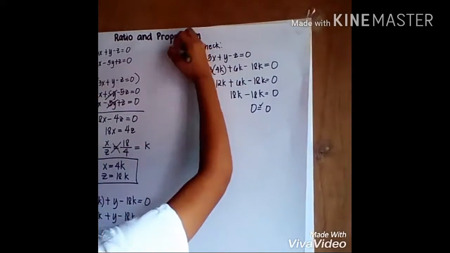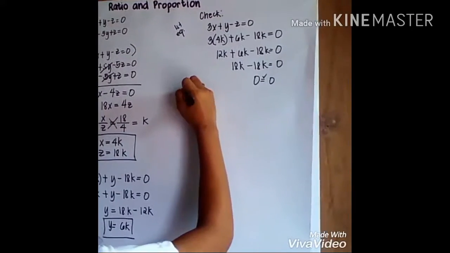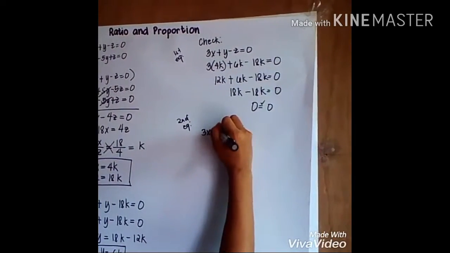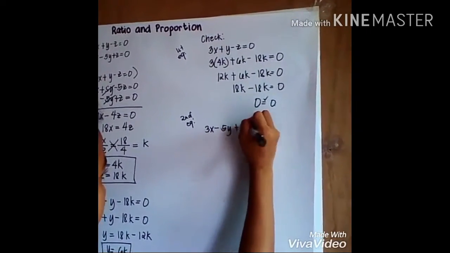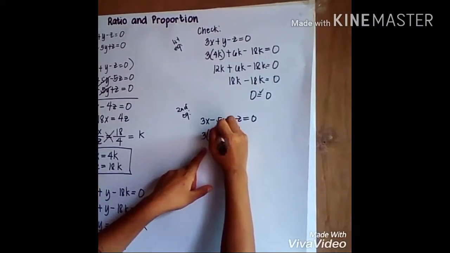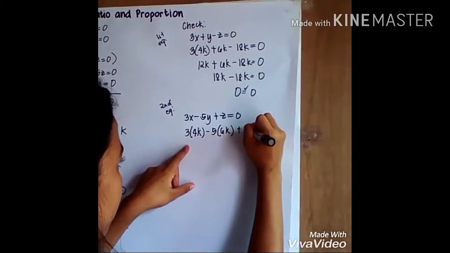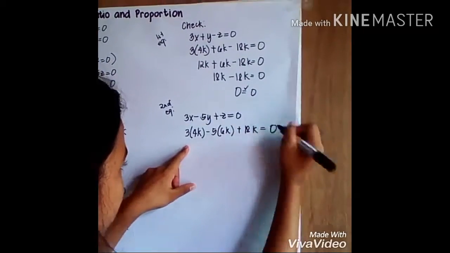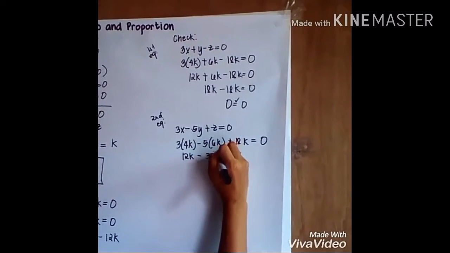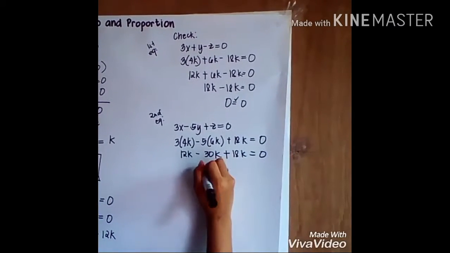That was for the first equation. Then the second equation: 3x minus 5y plus z is equal to 0. 3 times 4k minus 5 times 6k plus 18k is equal to 0. 12k minus 30k plus 18k is equal to 0.